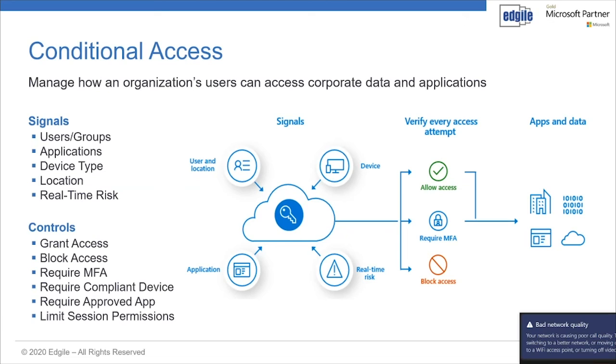Conditional access is something that I can't say enough about. I talked about it at the beginning, and I'm going to talk about it again now. The idea behind conditional access is we don't want to assume that just because a document is stored on a file server that it's safe. We want to be able to put an envelope on it, encrypt that document, store it up in SharePoint, and make it available through Teams.